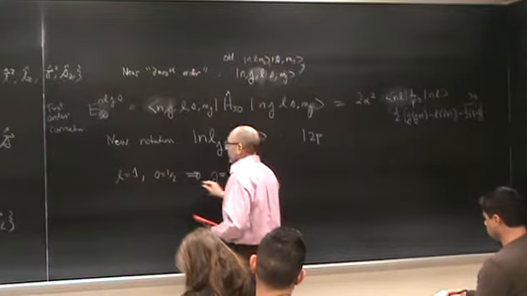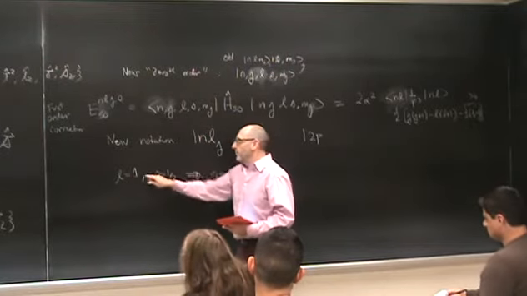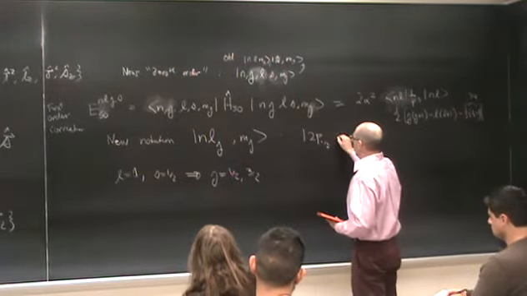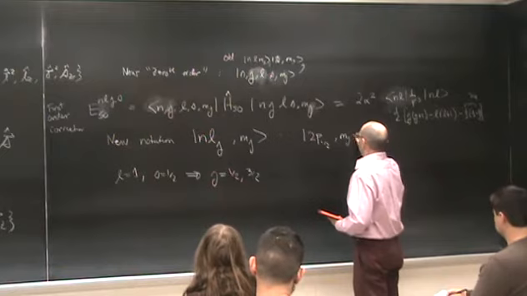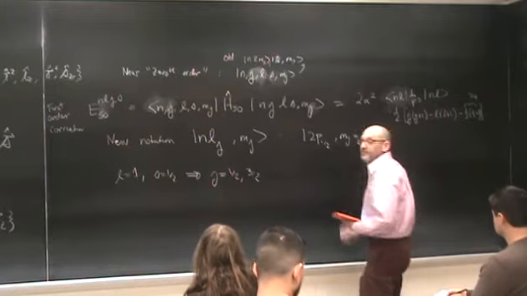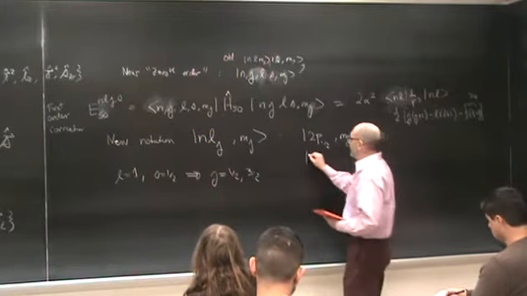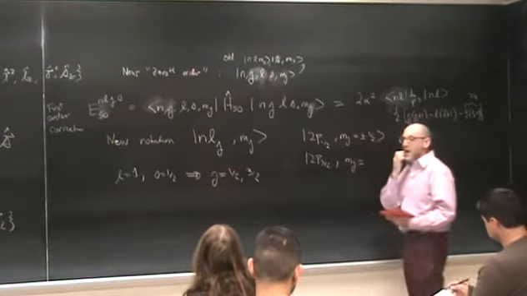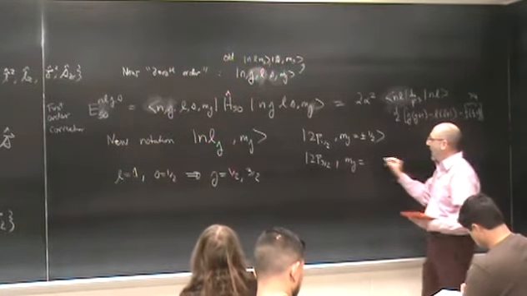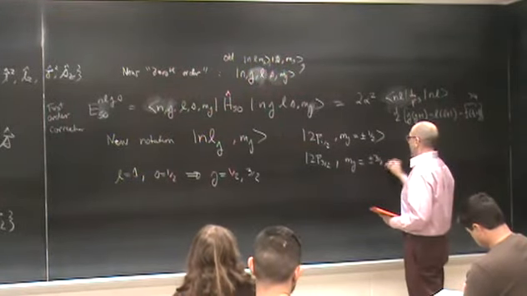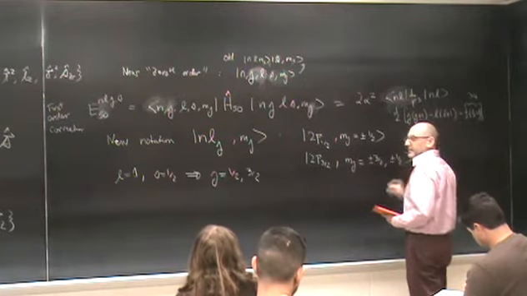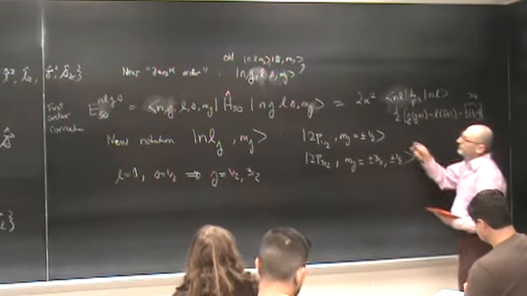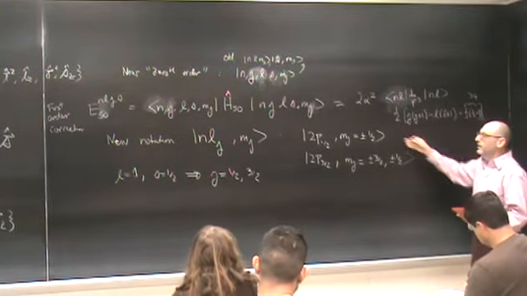Because J goes from L minus S to L plus S. So we have a 2p 1/2 with mj equals plus or minus a half. And we have the 2p 3/2 with mj. What are the possible values of mj? Plus or minus 3/2, plus or minus 1/2, right? They go from minus 3/2 to plus 3/2 in integer units. So these are the 4 states.